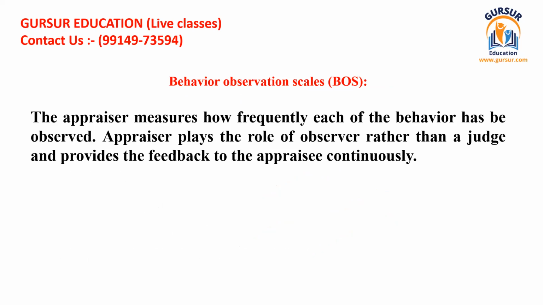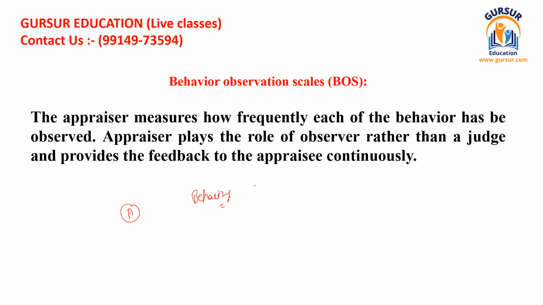And the next one is behavior observation scales, BOS. This is also a famous one. What happens here? The appraiser measures how frequently each behavior has been observed. So employee A is performing a job. Suppose he is behaving in a specific way a number of times.